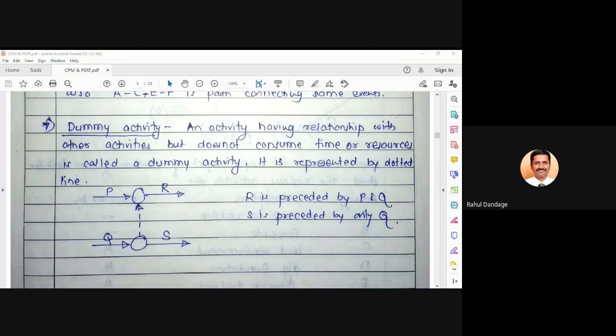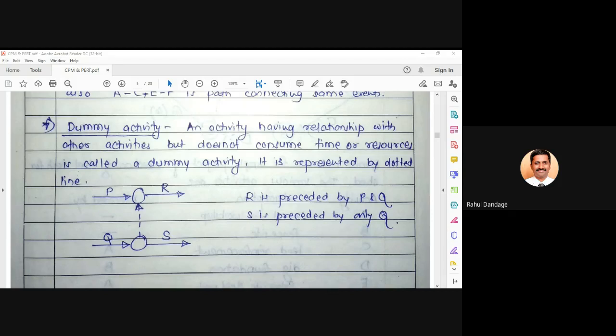Now, for what purpose is this dummy activity necessary? In certain cases, let us say this is my R activity, and this activity can be started only when activity P and activity Q are completed.